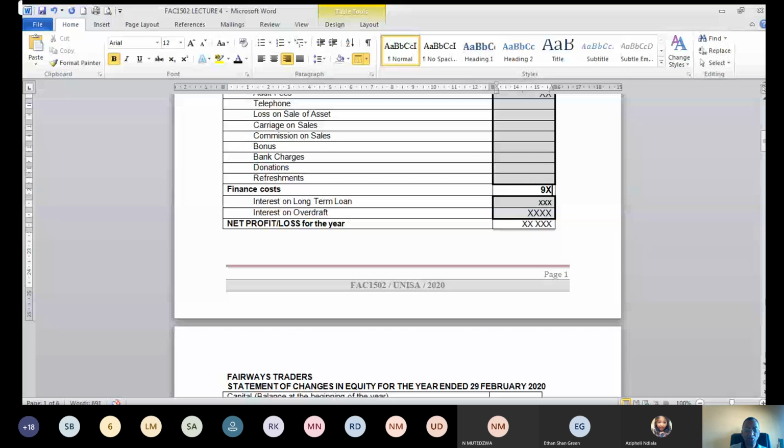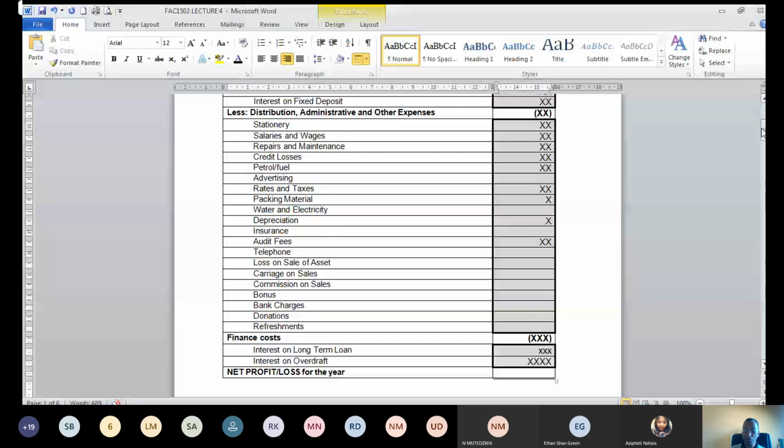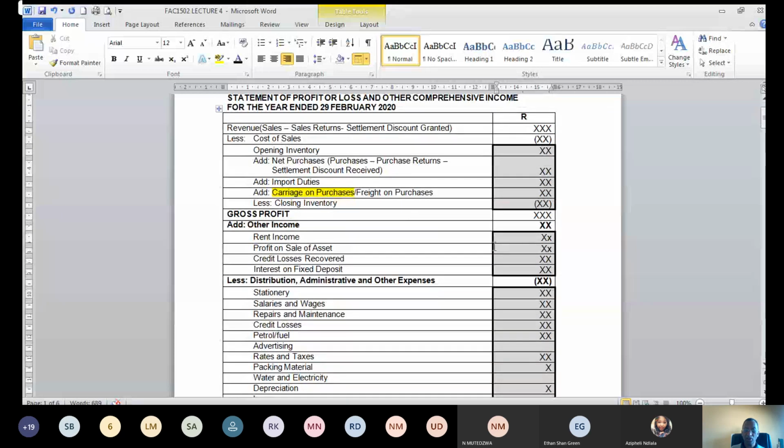You put that in brackets because the finance cost is an expense that must be subtracted. And your final answer in the statement is then called the net profit or the loss for the year. You first calculate what is the amount for the year. So let me just highlight this now. You take your gross profit.